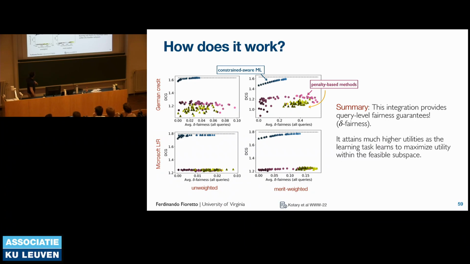The blue is our algorithm, and the pink and the yellow are state-of-the-art penalty-based methods. So the first thing that I want to point out is that even if you are enforcing a certain constraint penalty level, those penalty-based methods are not necessarily enforcing that particular constraint, right?